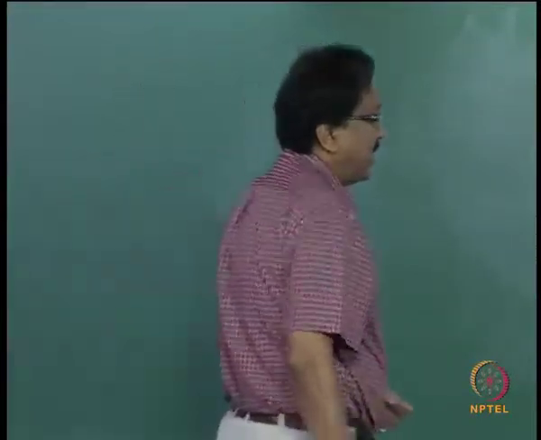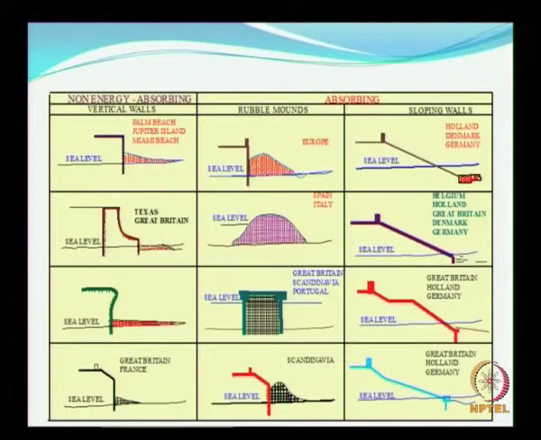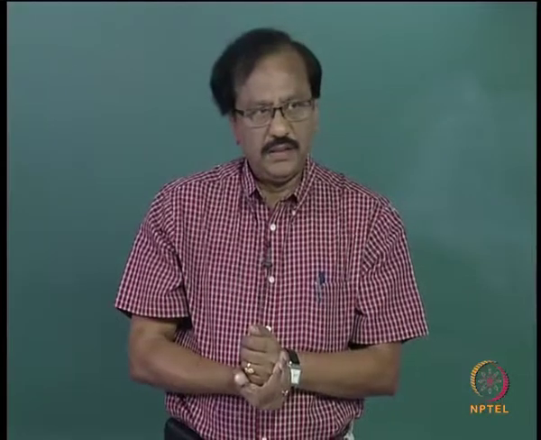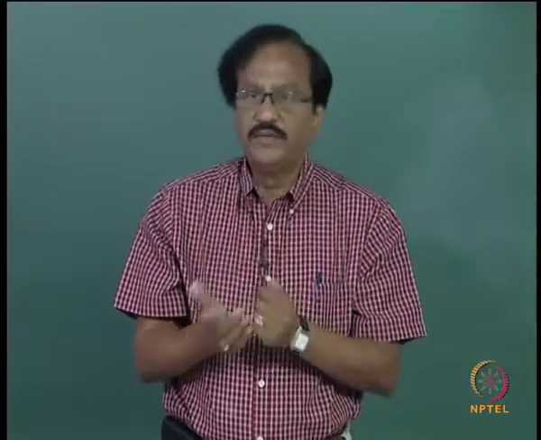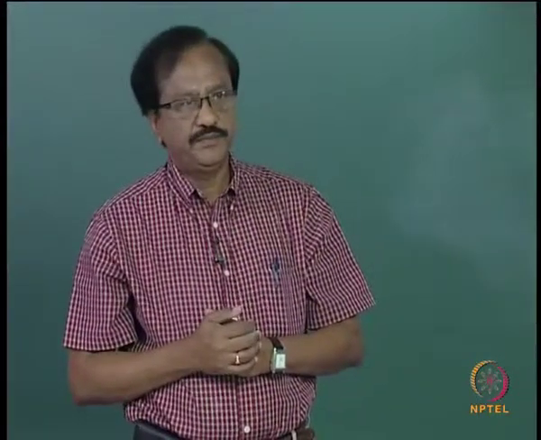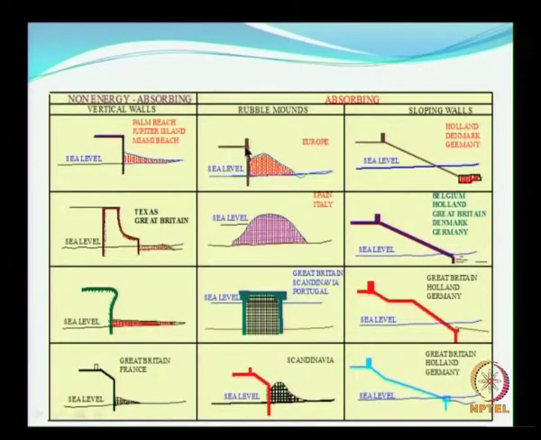Under the absorbing type, you use rubble mound as one of the mediums for absorbing either the entire energy, which is not possible, or the maximum part of the energy. So, as you see here, you have a vertical wall, of course, you can have a crown wall, plus you see the red one, this is the mound.